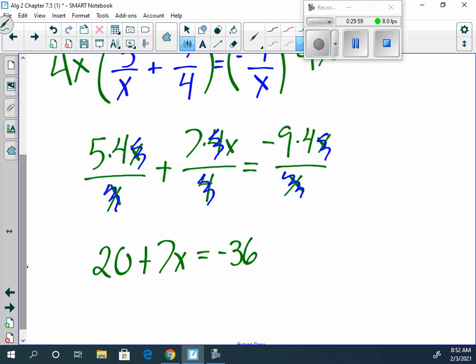Well, this here's the same. I didn't multiply the numbers, but instead of 20, we had 20x. Instead of 7x, we had 7x squared. Instead of negative 36, we had negative 36x, is what we really came up with. But all the variables canceled out, even if it was squared or just x, right? Well, in each one of those, how many times did x appear?